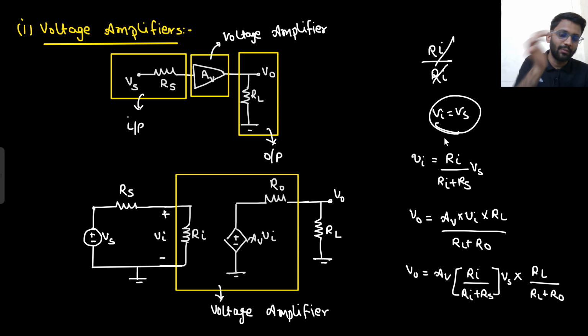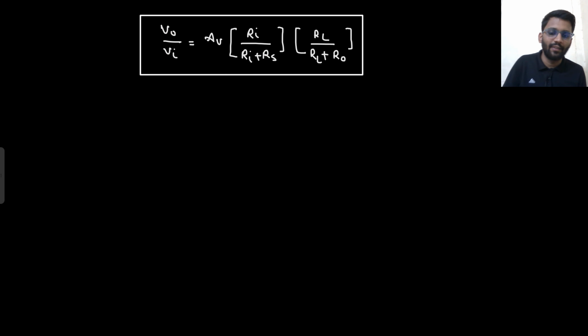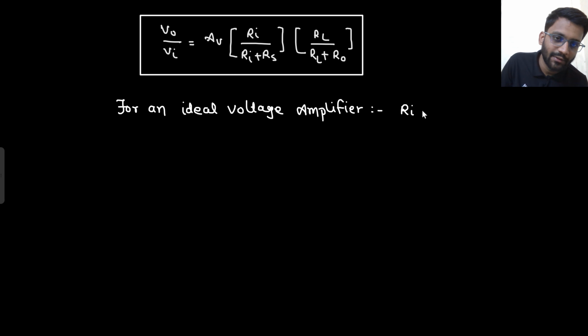So for an ideal voltage amplifier, Rin should be infinity, right?